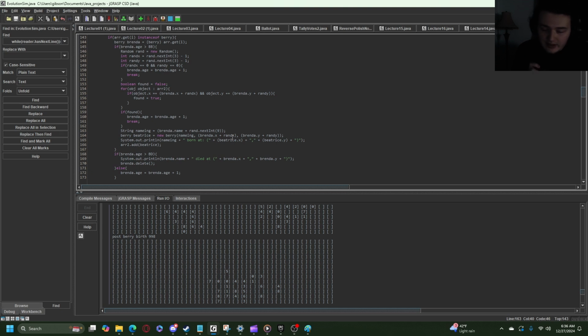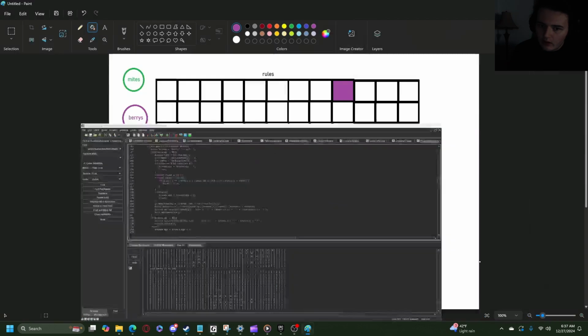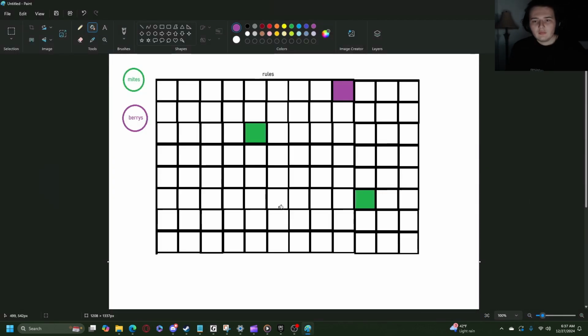So if it's 3, 4, 9, then you would know that it is 3 generations in, and that the first berry was named 3. So that makes it so that the berries are able to reproduce.